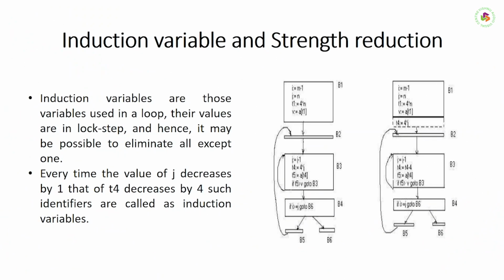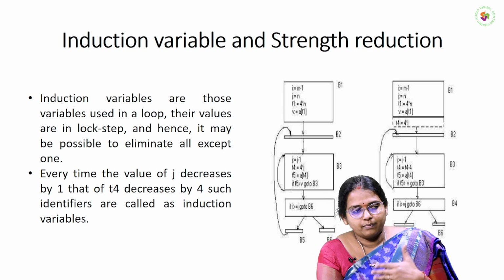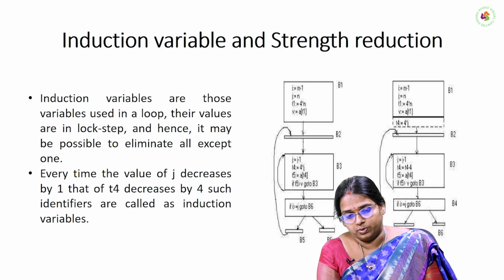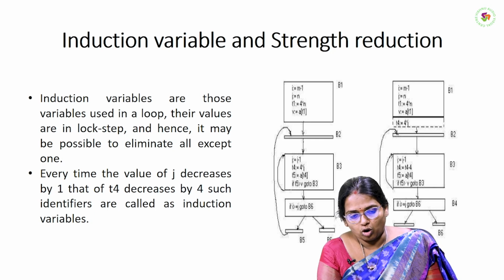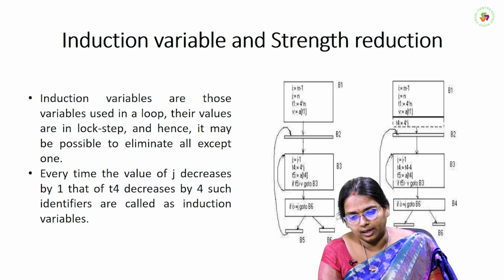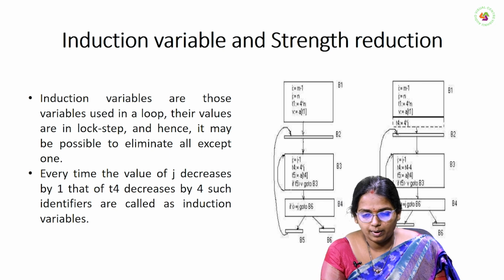Similarly, induction variable and strength reduction. So what is an induction variable? Induction variables are those variables used in the loops whose values are in lockstep, and hence it may be possible to eliminate all except one. That is known as induction variables.